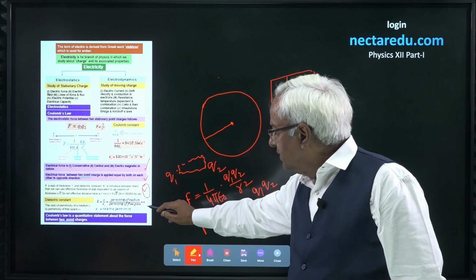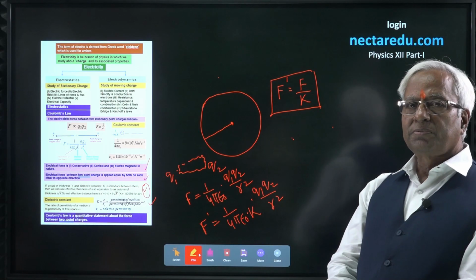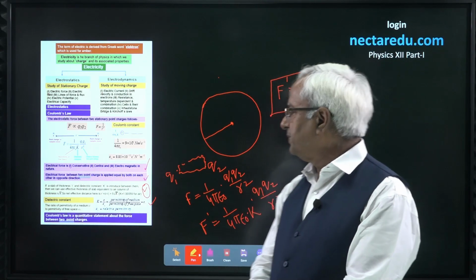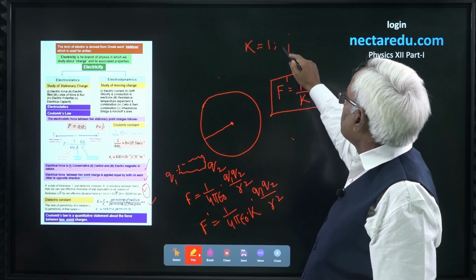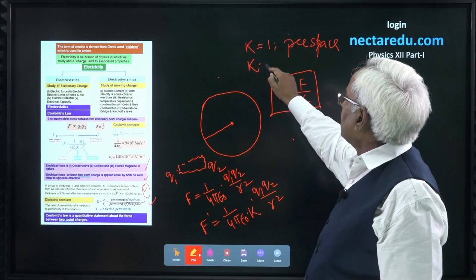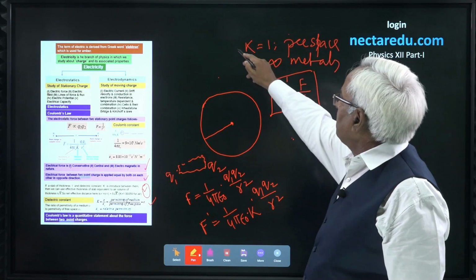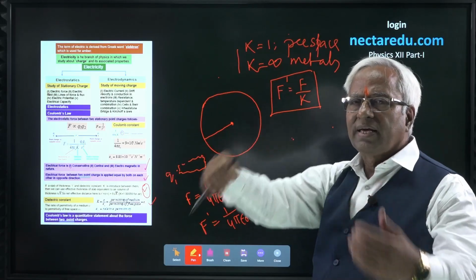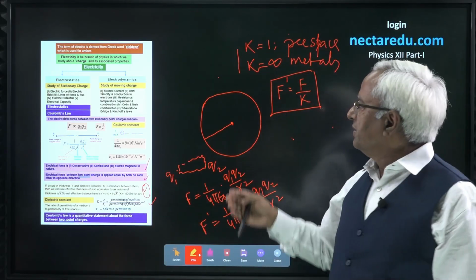This we have done. Permittivity, the ratio of the medium and that of free space, is known as relative permittivity. This value is 1 for free space, you might say. This is infinite for metals, and for all other media, any gas, any vapor, you are going to have the value of k greater than 1.